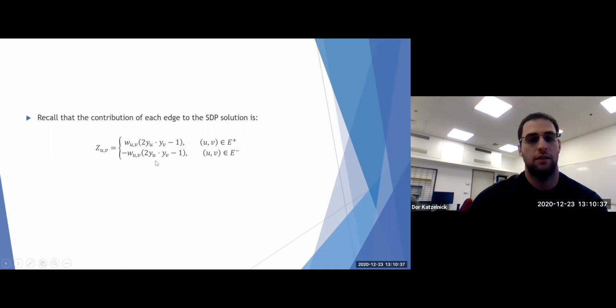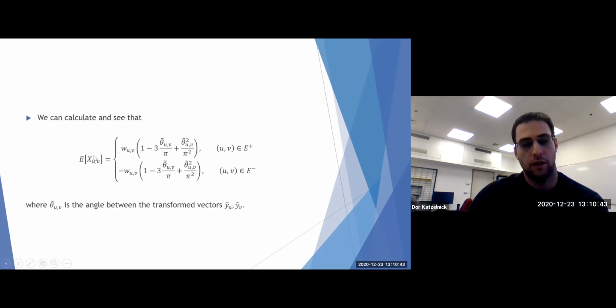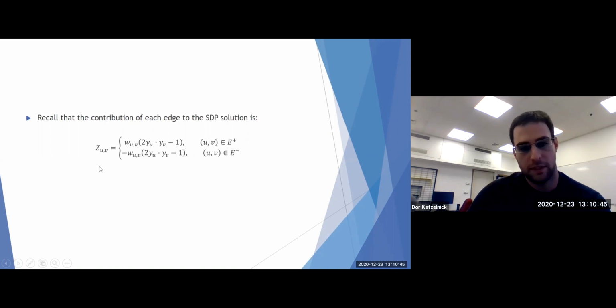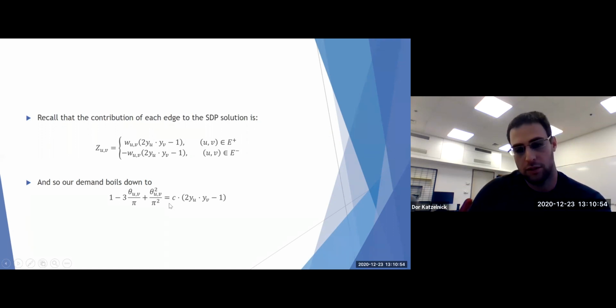If you take this value and compare it with this value, then you get this very simple, or not so simple, equation, which is the following. Here we basically have the contribution to the solution, and it will be equal to C times the contribution to the semi-definite relaxation. So if this holds for every edge in the graph, then we get a C approximation.